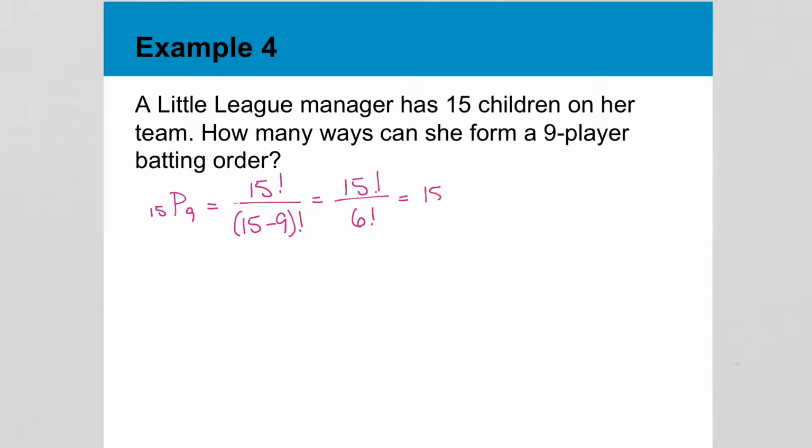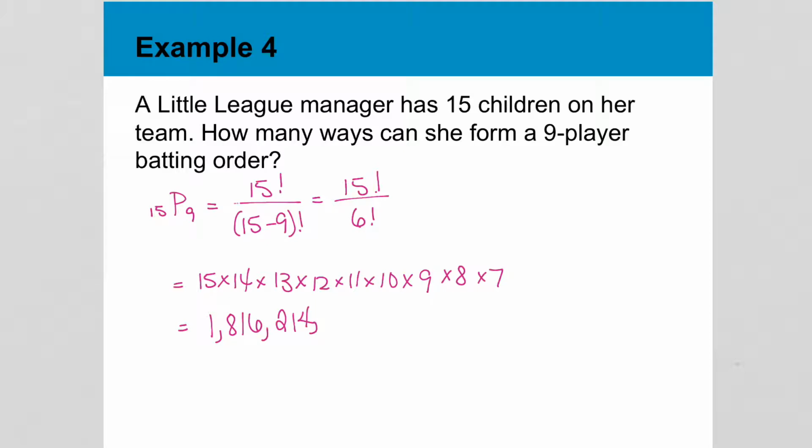So that would be 15 times 14 times 13 times 12 times 11 times 10 times 9 times 8 times 7, and the 6 factorial on the top and bottom would go away. So 1,816,214,400 batting orders are possible. A lot.